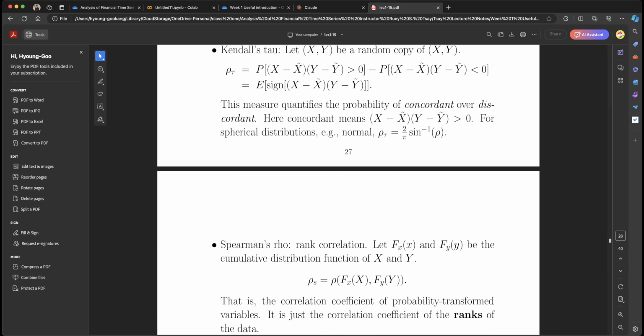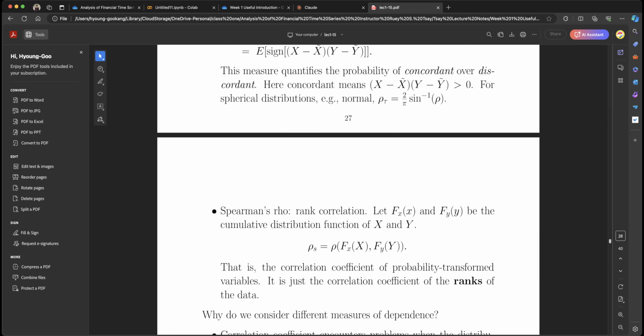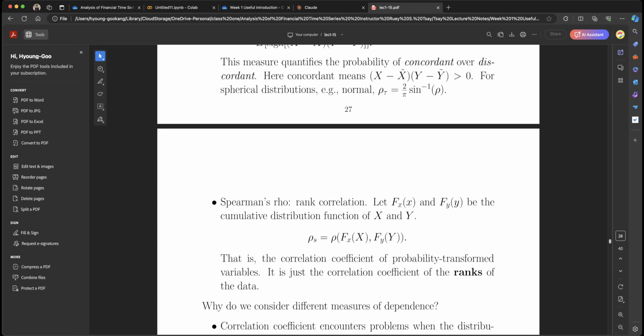And then here's another important concept called Spearman's rho. It is a rank correlation. Let F_X and F_Y be the cumulative distribution functions of x and y. In some sense, they are the ranks, normalized such that they go from 0 to 1.